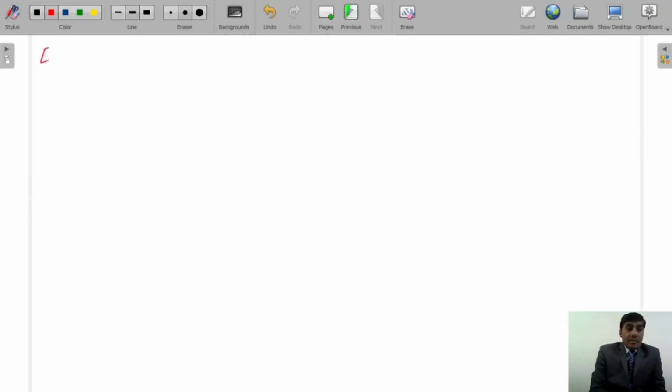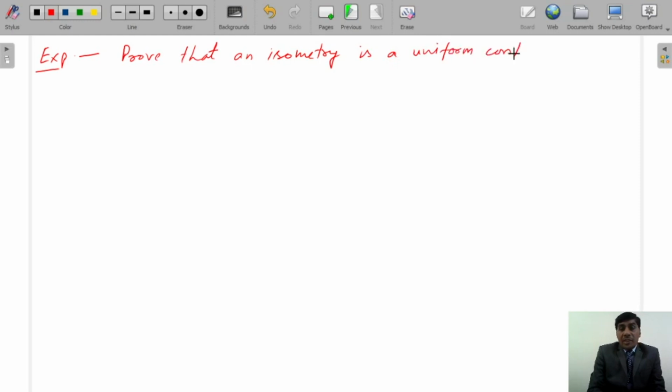Example, prove that an isometry is a uniform continuous function.